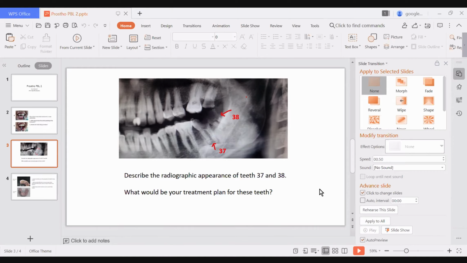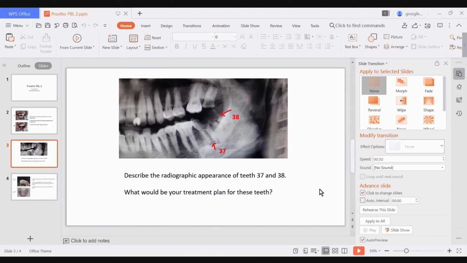My name is Aina. For 37, there is distal occlusal loss of the crown. The distal occlusal of the crown is lost, and there is radiolucency involving the enamel, dentin and pulp.